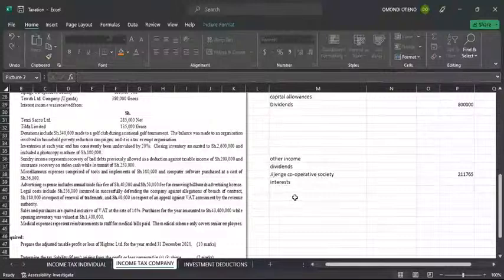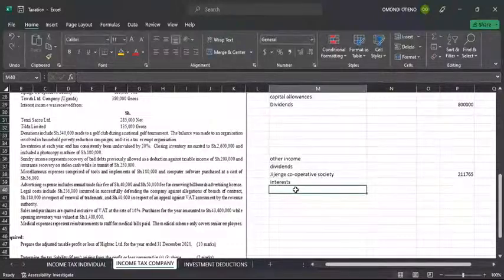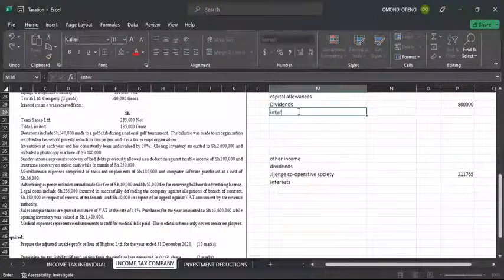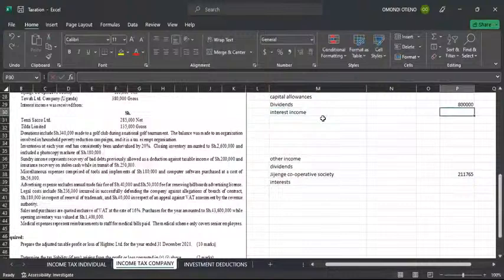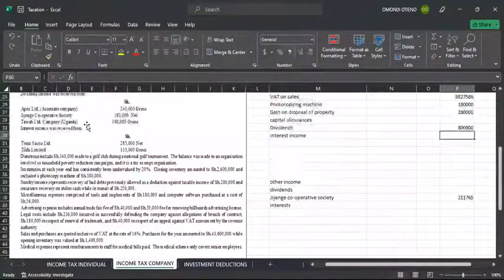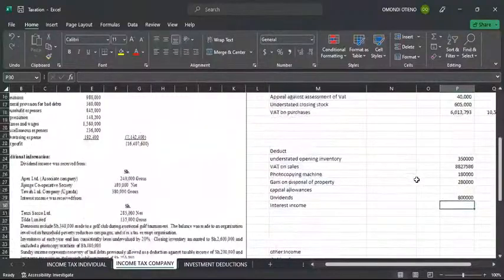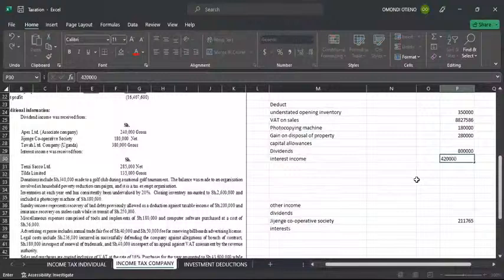This one here is given at gross. So we just add back that gross value because we subtracted it up there. Interest income, we subtract all of it, and then we add back what is supposed to be added. So the interest income given to us, the total value is 420,000.